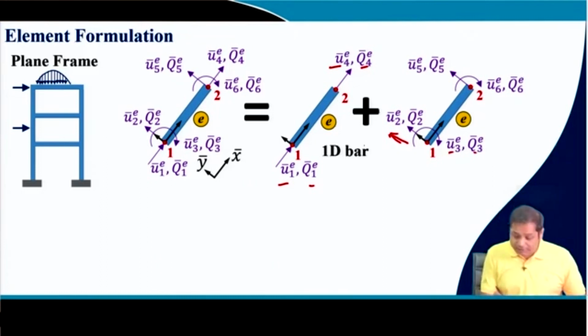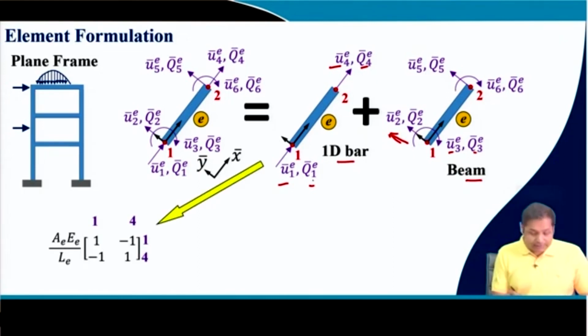So this is essentially a 1D bar and this is a beam, and for both cases we already know the stiffness matrices and the equations. So for the bar element, this is the stiffness matrix, and it is for degrees of freedom 1 and 4, because we have 1 at one node and 4 at the other end.